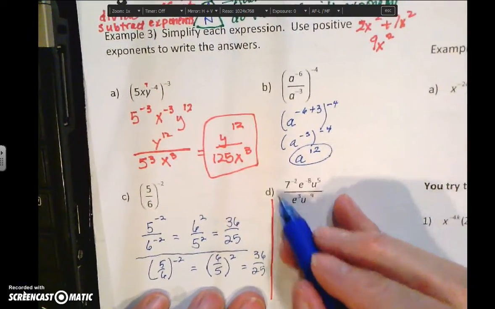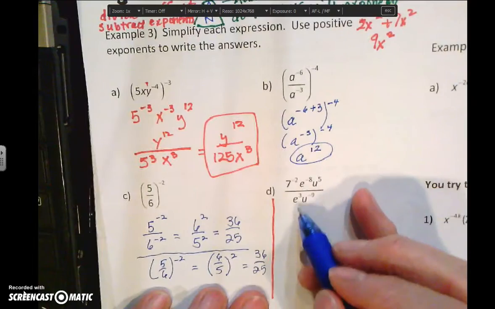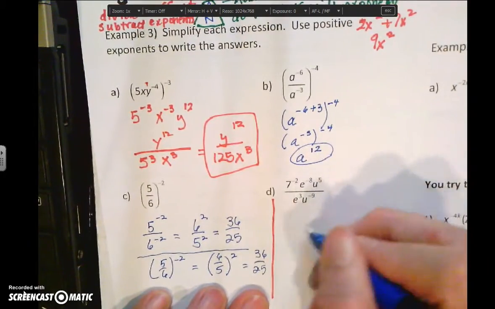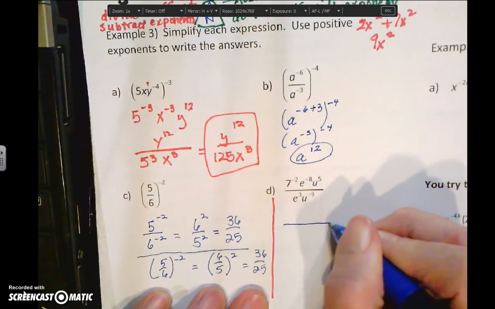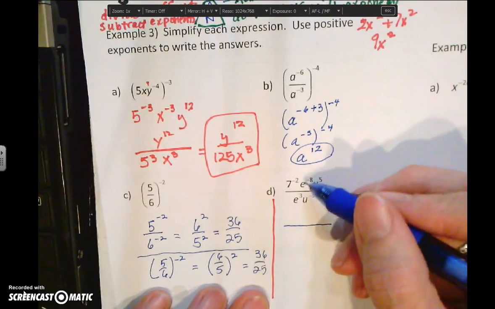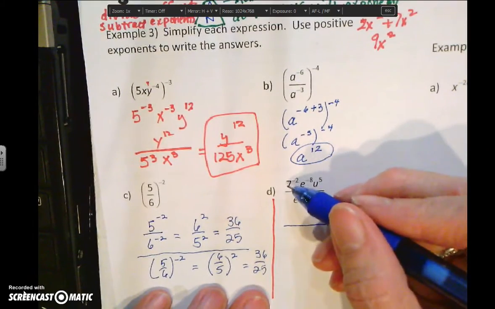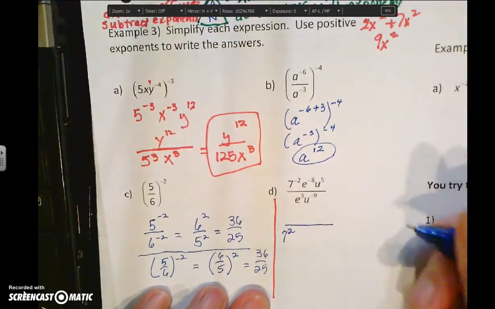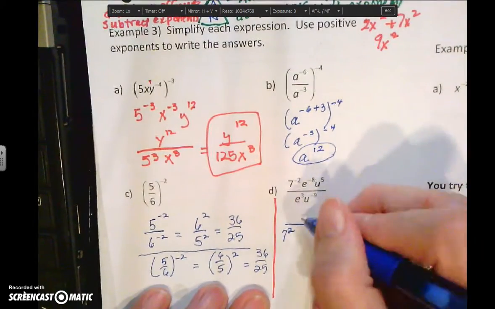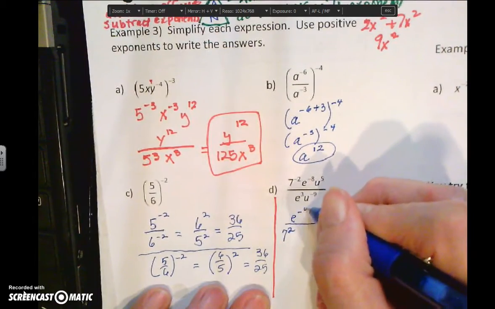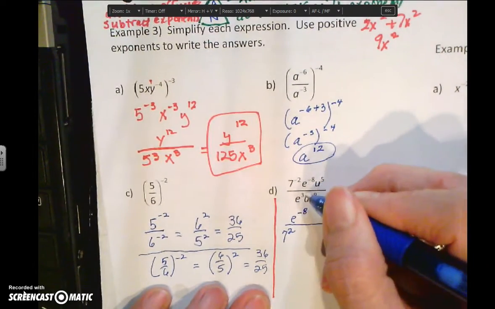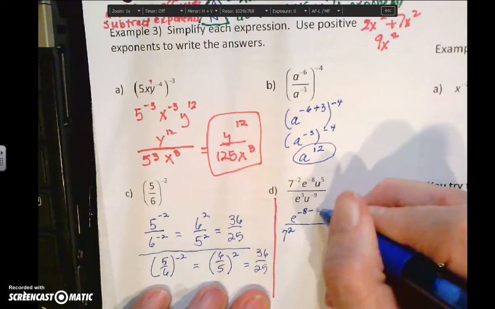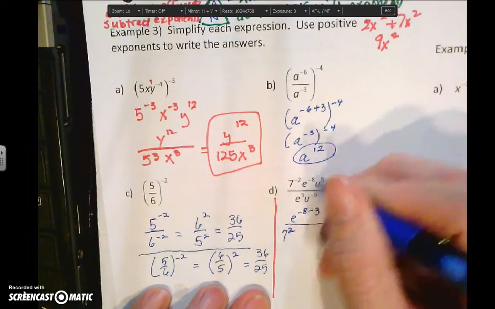So for D, on this one I have a fraction, a quotient, so we're going to begin simplifying it and putting together our like bases. So I have 7 to the negative 2, so I'm going to go ahead and drop that and make that 7 squared. My e's, I'll have e to the negative 8 and then subtract 3 because I'm moving it up.